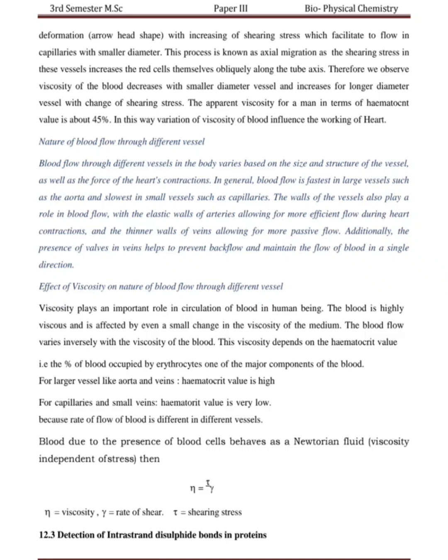The variation of viscosity of blood influences the working of the heart. How thin or thick the blood is depends on the viscosity. So generally the value of hematocrit will be around 45%. Next, the nature of blood flow through different vessels.